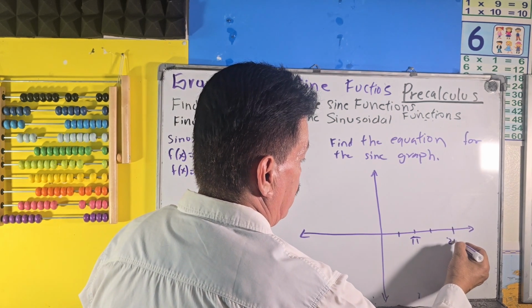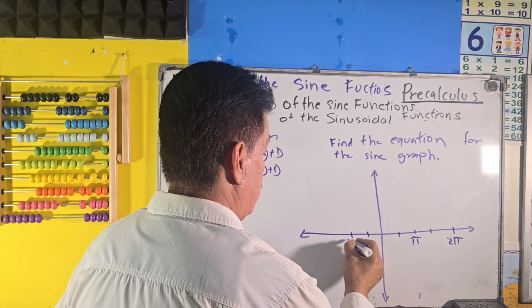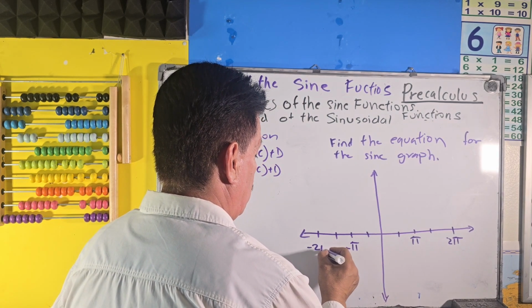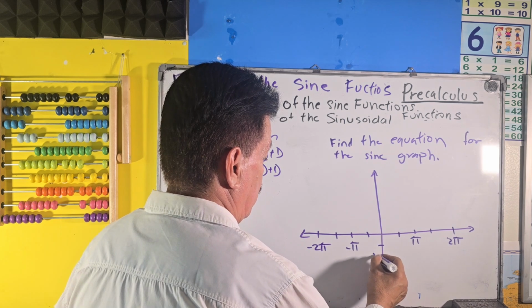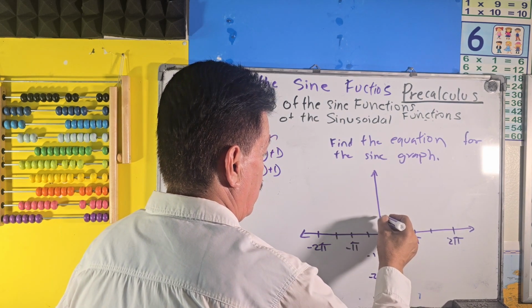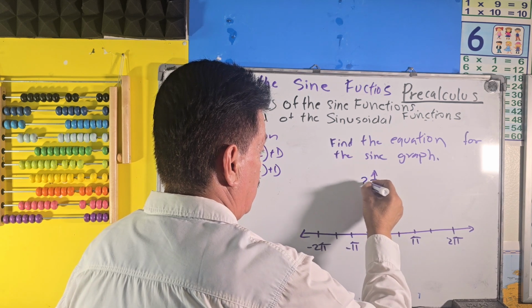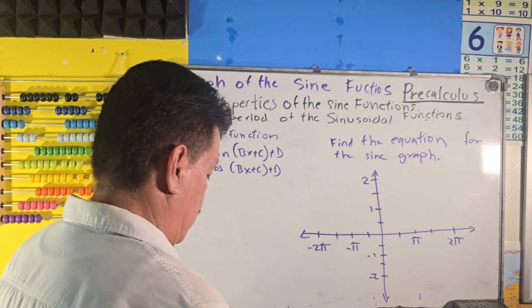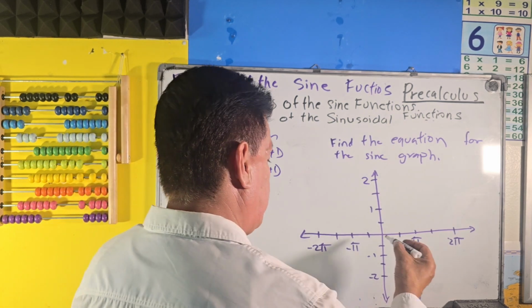We have to find the equation in the sine graph. We have this graph. It's 1 pi, 2 pi, negative 1 pi, negative 2 pi, negative 1, and negative 2, and 1 and 2. I will make the picture here.